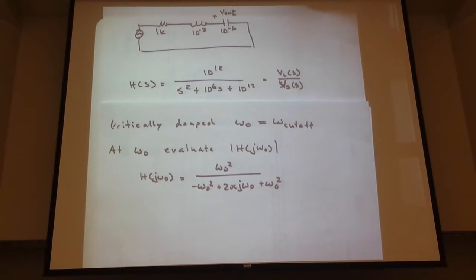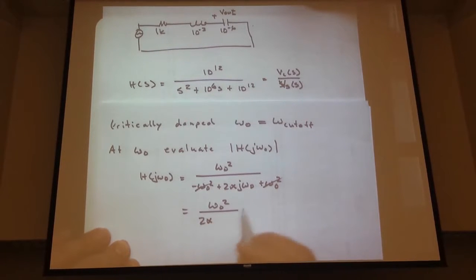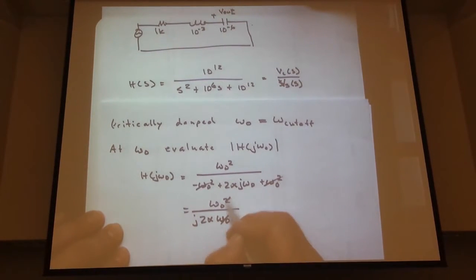Just substituting in at omega naught, right? We've already done this once, no problem. These guys cancel. Winds up being omega naught squared over 2 alpha omega naught, there's a j in there. Well, that cancels, that cancels.